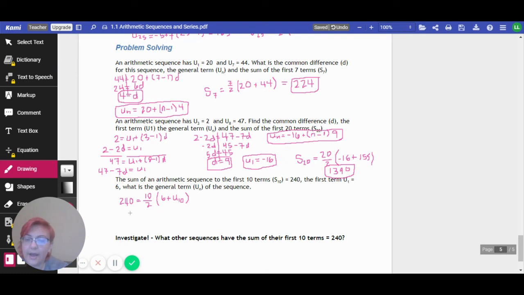So now I have 48 is equal to 6 plus u10. Subtracting 6 from both sides lets me know that the 10th term of the sequence is 42.